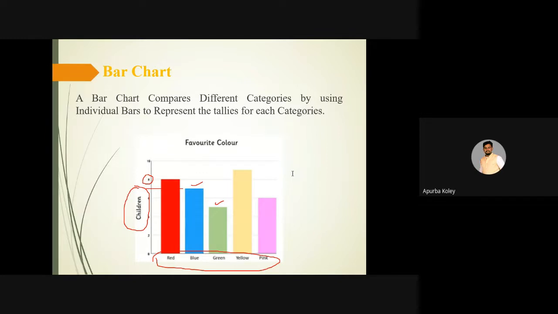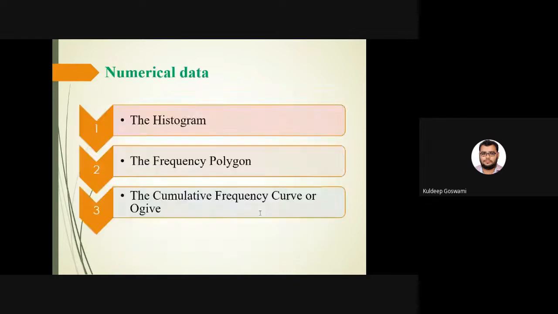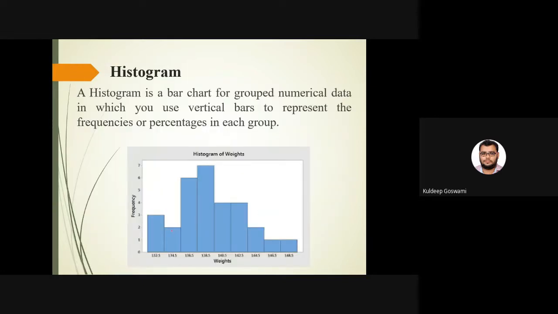Okay. It is a bar chart, and we have a gap between two bars. This is only the frequency. We have a gap between two bars. But if you see the histogram, we do not have that kind of gap between two bars.